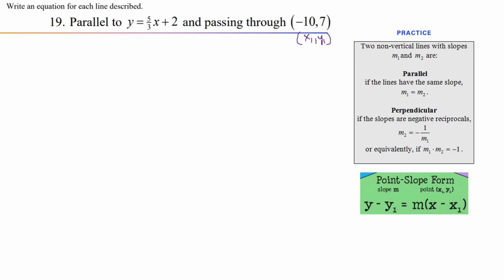They are parallel. Remember, parallel means m1 equals m2. So our m will be equal to 5 over 3. Now we use the point slope form to finish this question. So y minus y1, which is 7, equals 5 over 3 times x minus negative 10.